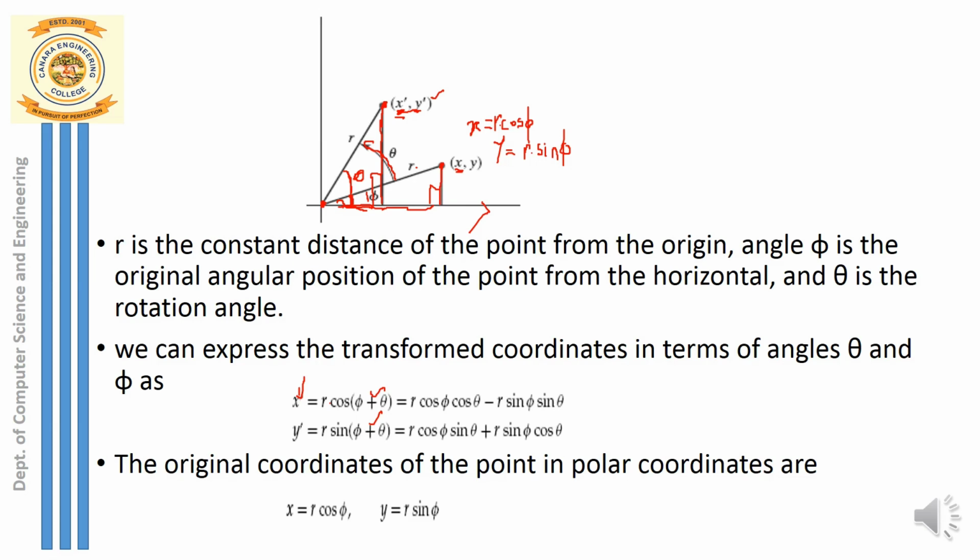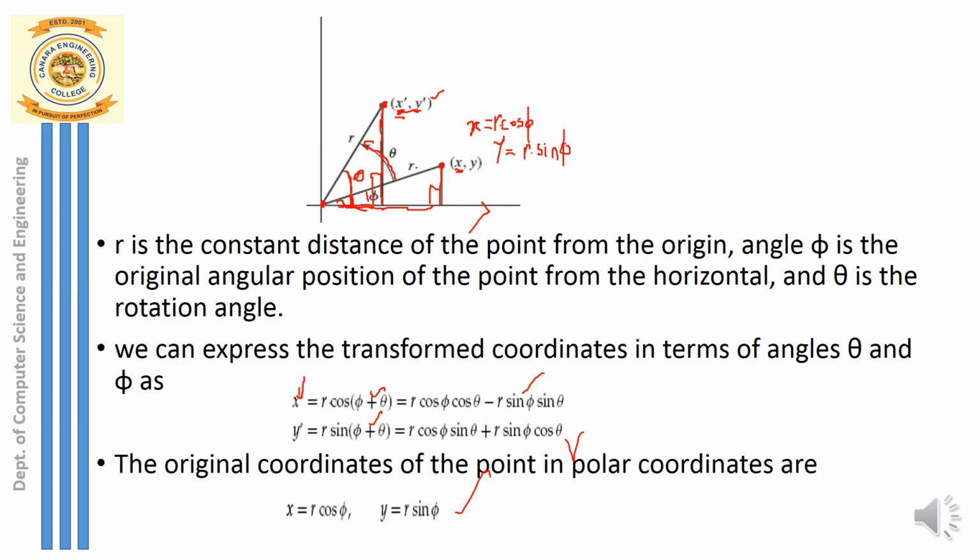Now, since we already know what the x coordinate and what the y coordinate are. What is the x coordinate? It is given by cosine of angle phi. What is the y coordinate? It is given by sine of angle phi. So whatever these two values I have about x and y, I'll just substitute those two values over here in my above two equations. So what happens after I substitute these two values? You can just see how it changes. R cos phi.